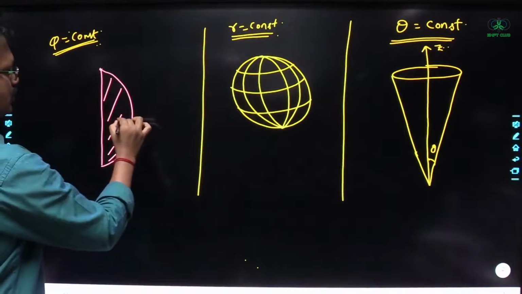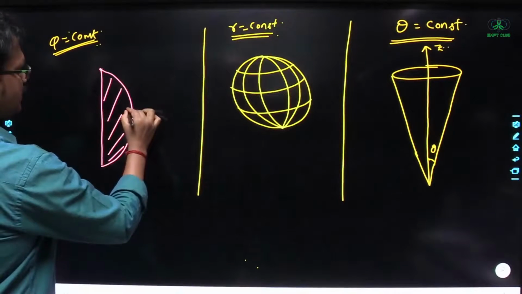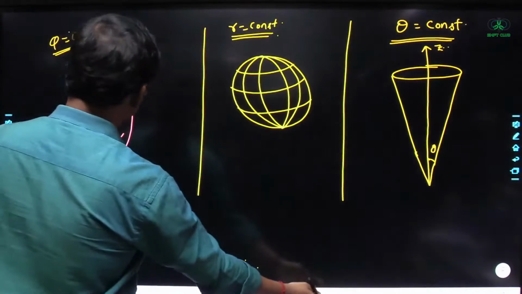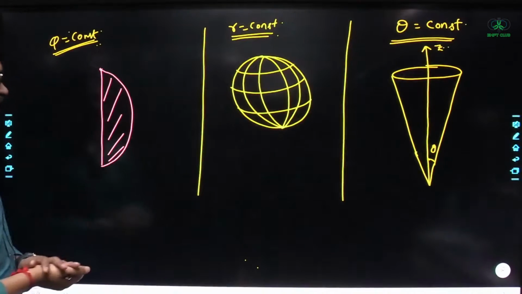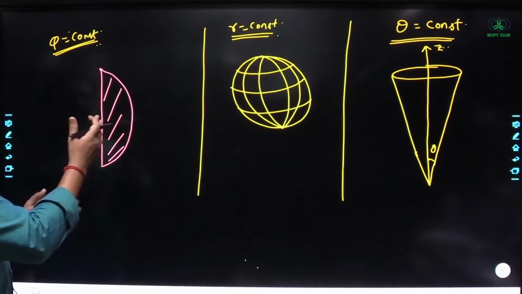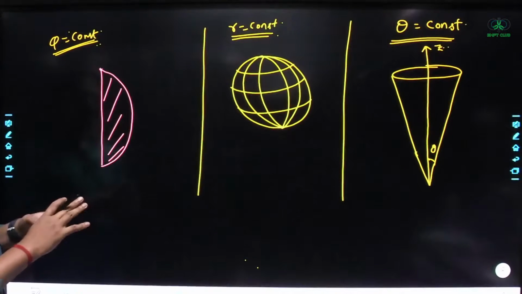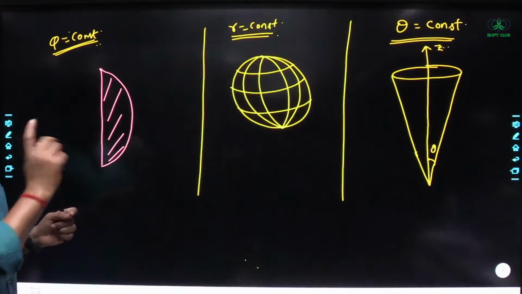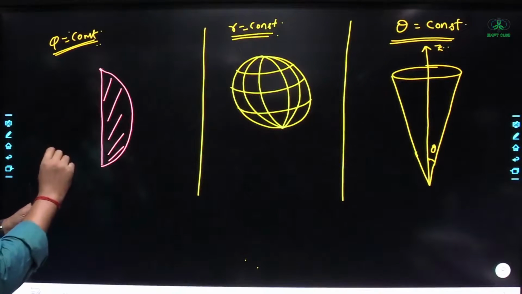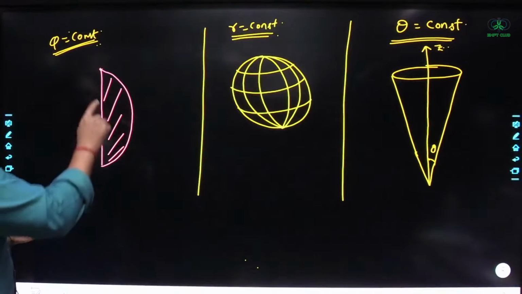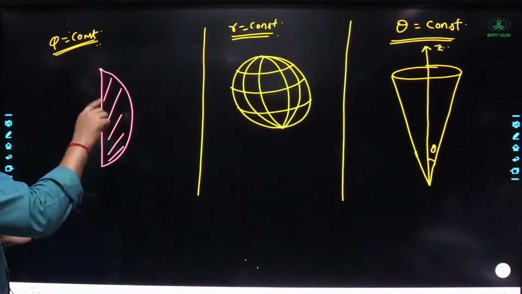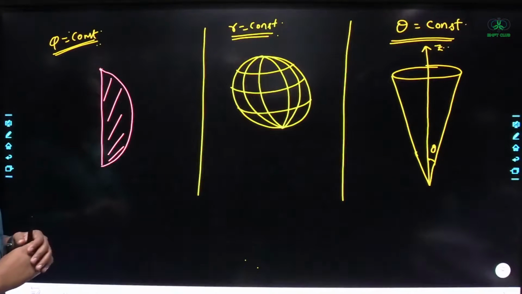That means if you draw the normal to this one, it is going to point in the phi cap direction. Here it is very difficult to represent that direction, but we know that phi cap is the normal drawn to this semicircular surface.